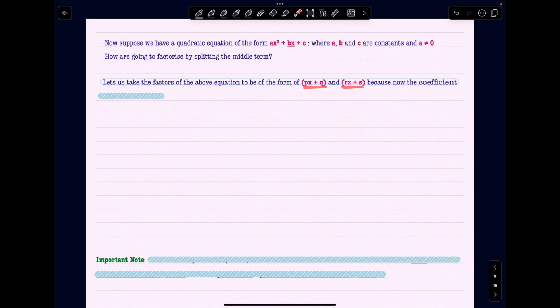So px plus q and rx plus s are the factors, because now the coefficient of the x square term is not equal to 0. So we write px plus q into rx plus s equals ax square plus bx plus c.